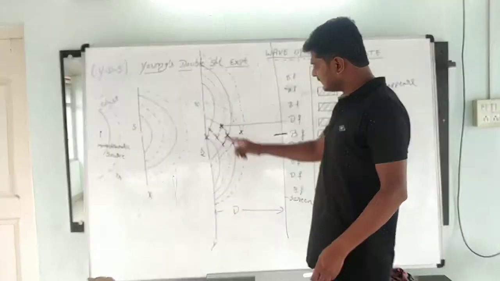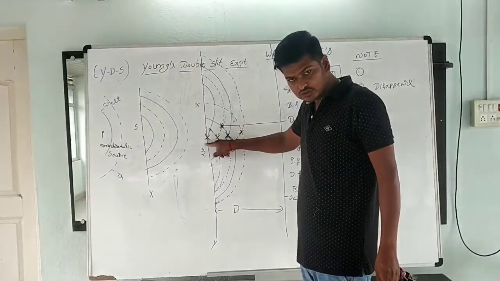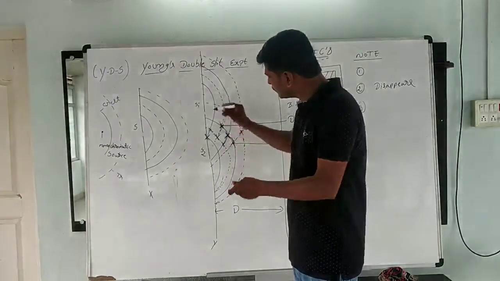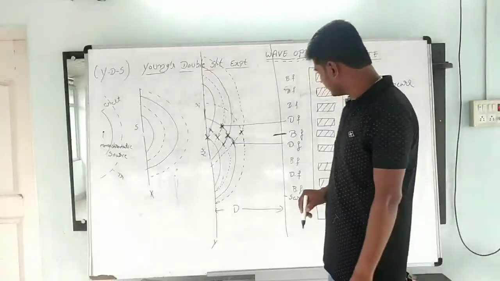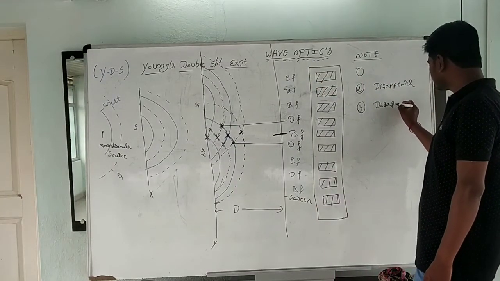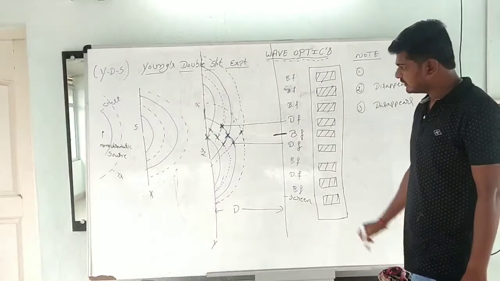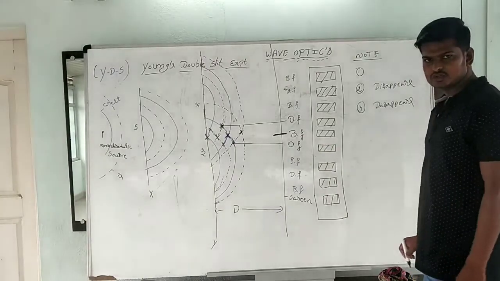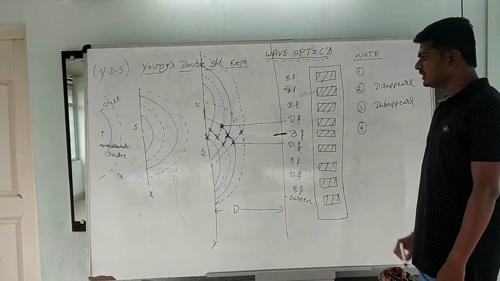Third point: with S1 and S2 there, if I close any one of the slits, the fringe pattern will disappear.